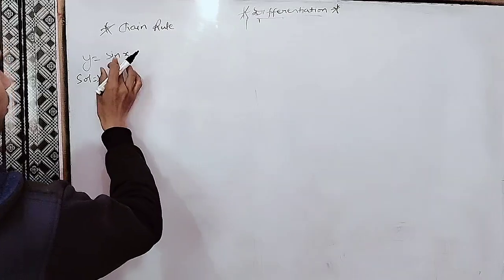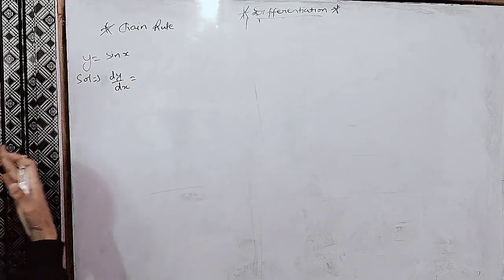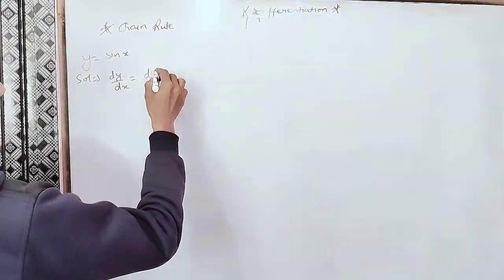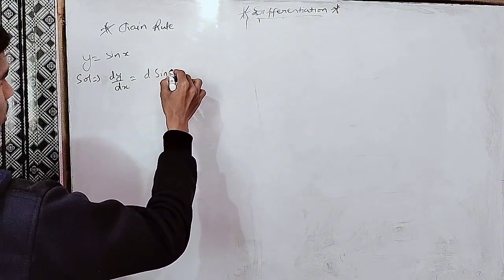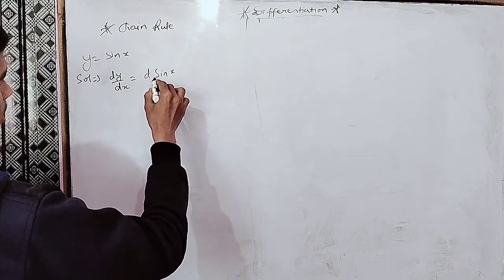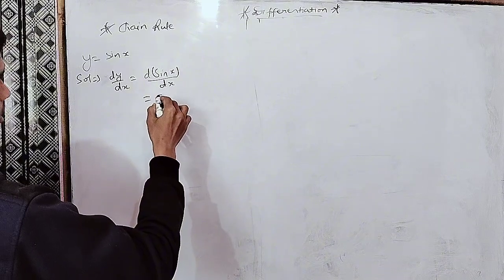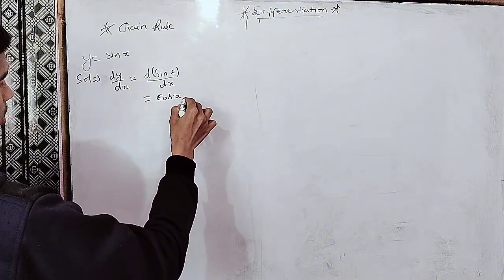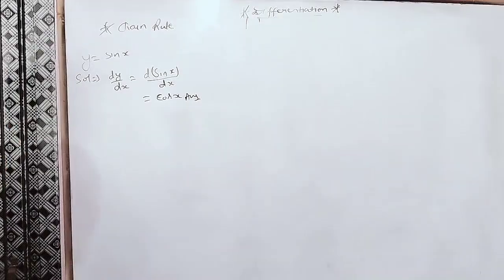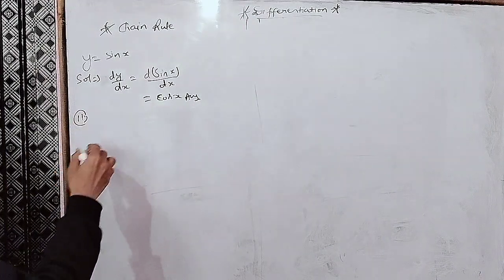So here, first of all, we have sin, then we have x. It is saying sin x. That's it, I think. Cos x. It was easy. Second question.